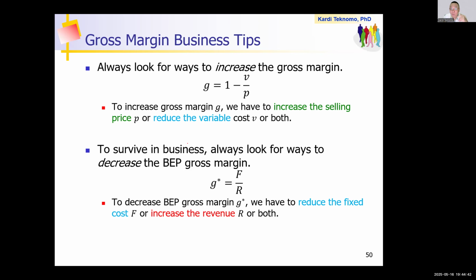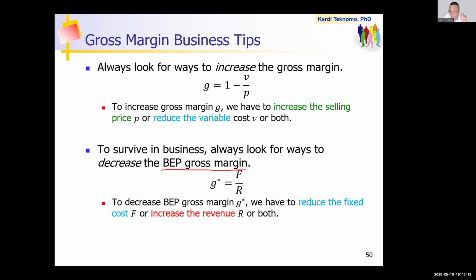But if you want to survive in business, then you want to reduce the BEP gross margin. Can you distinguish gross margin and BEP gross margin? They are not the same. This one with the star is called the BEP gross margin, which is F divided by R. In this case, you want to decrease the BEP gross margin, not increase it.